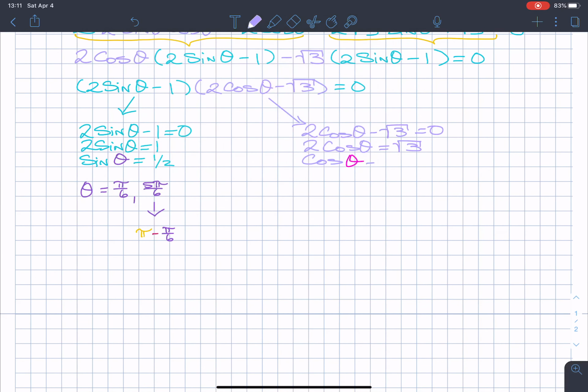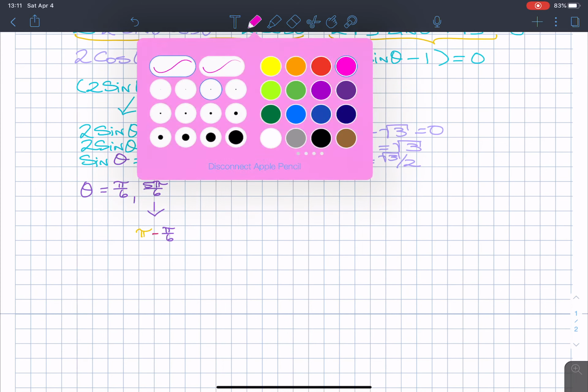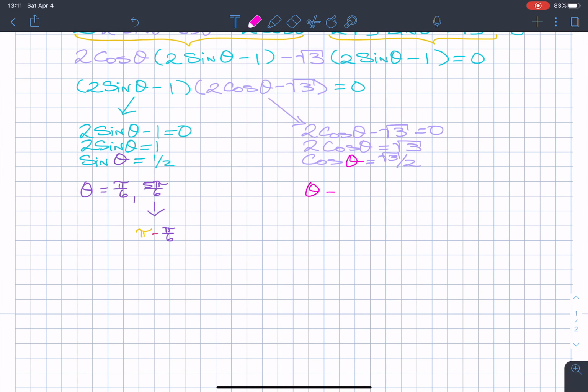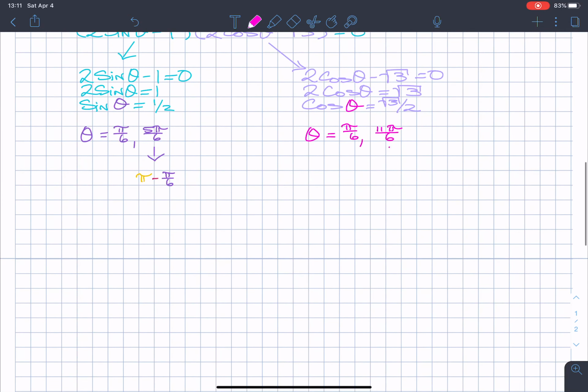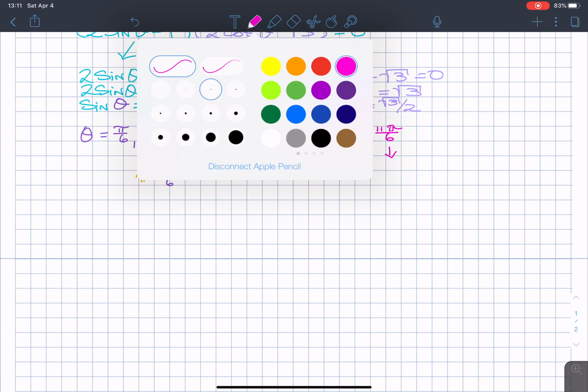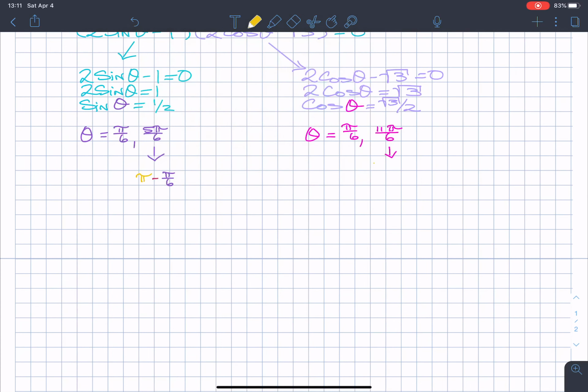Okay. Well, what's interesting is that gives me some overlap because that would be theta is pi over 6 and 11 pi over 6. Now I've already got pi over 6 from the first solution, but notice that 11 pi over 6 can be thought of as 2 pi minus pi over 6.